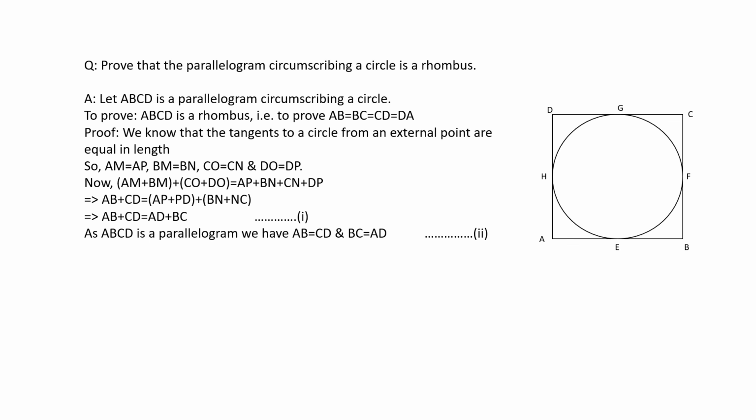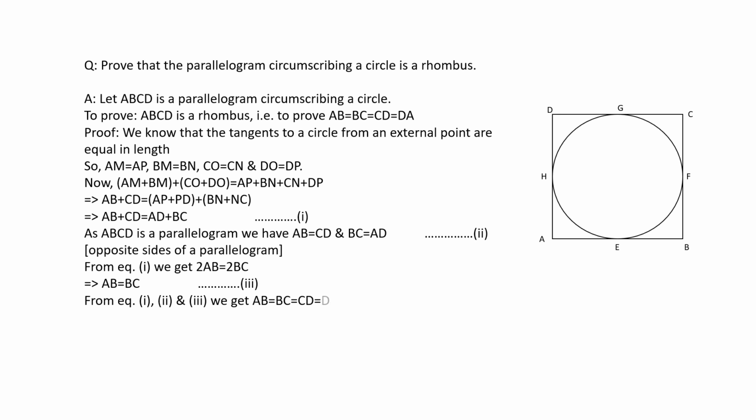Also, ABCD is a parallelogram, that means the opposite sides are equal, so AB equals CD and BC equals AD. Let this be the second equation. Now from equation 1 we got 2AB equals 2BC, which implies AB equals BC. Let this be the third equation.